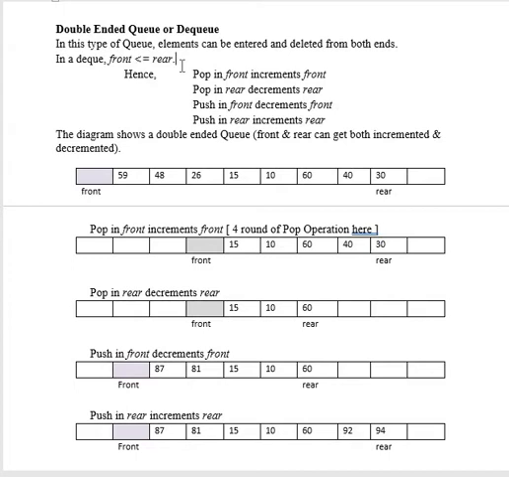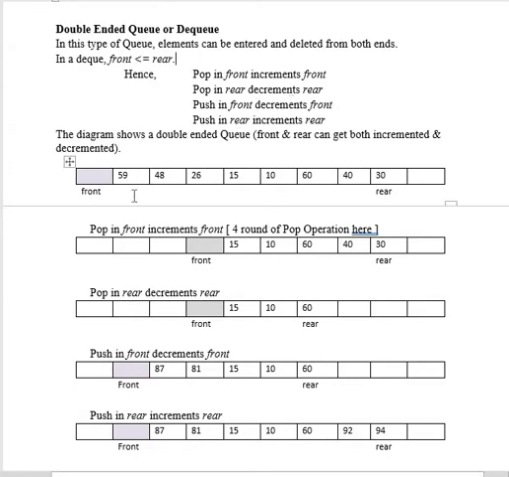What are the things? The first thing is pop in front. Now, pop in front is allowed in case of a queue, even otherwise. So, what will happen after pop in front is done? Pop will increase front.